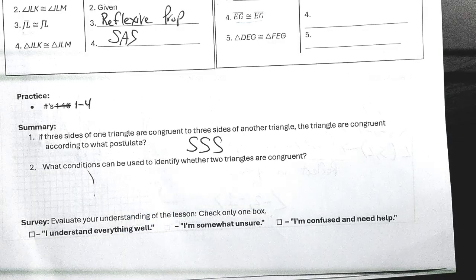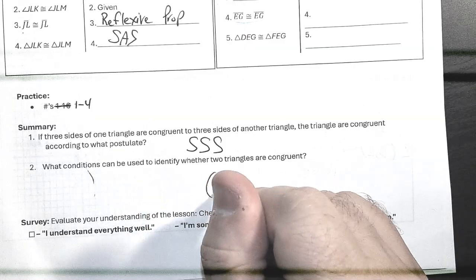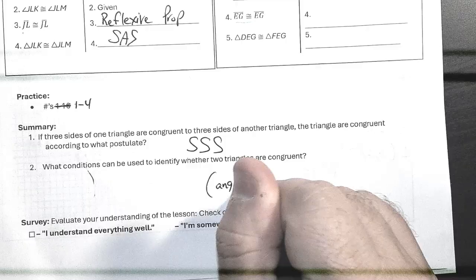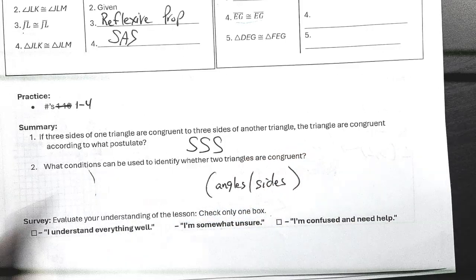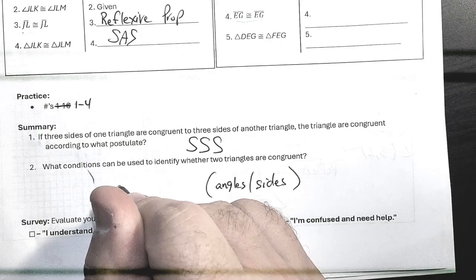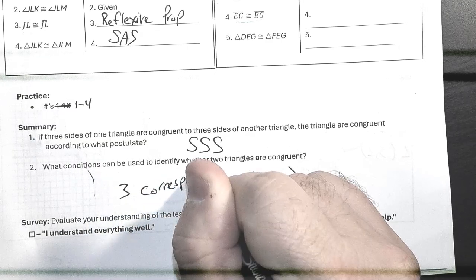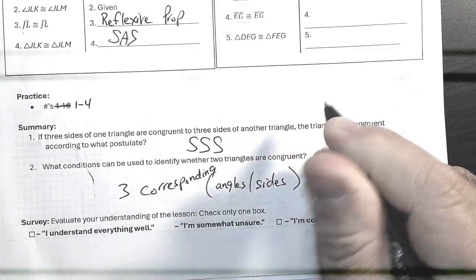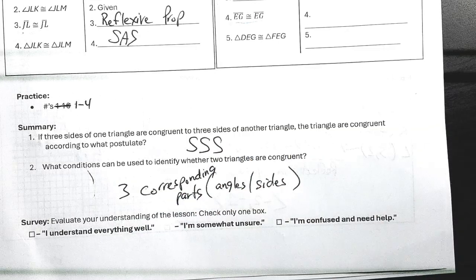I said early on, there are 6 corresponding parts, 3 sides, and 3 angles. And in order to prove congruence, you need 3 corresponding parts, which are sides and angles.